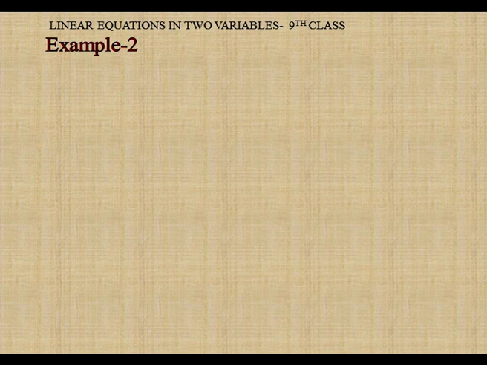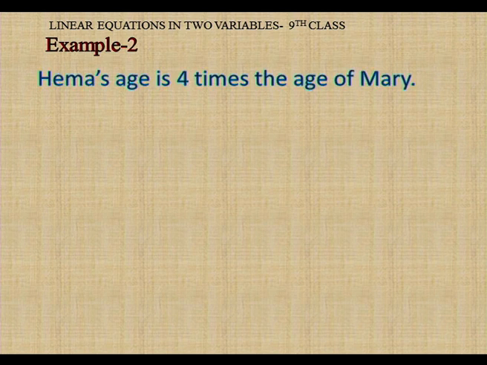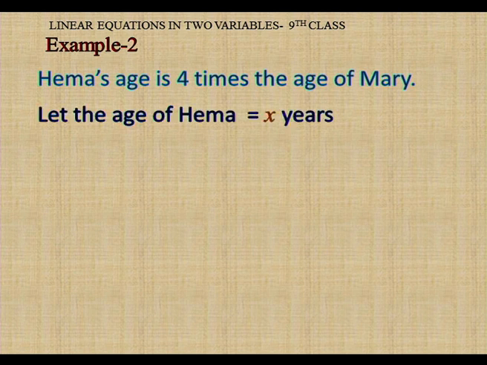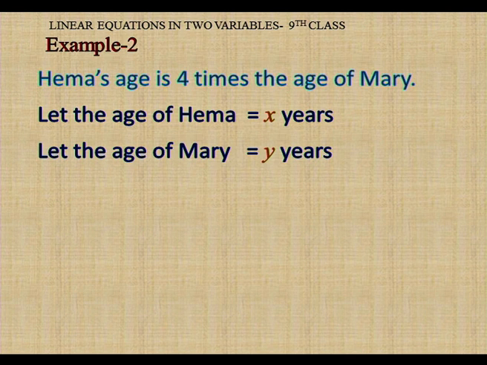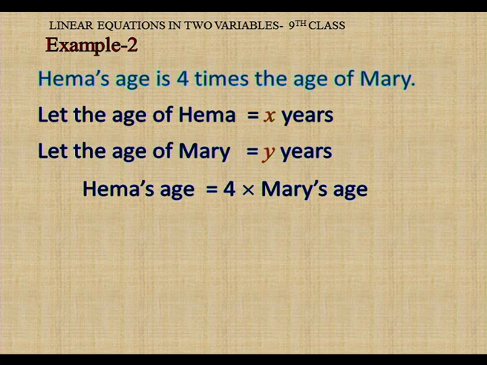So, now we will have one more example. Hema's age is 4 times the age of Mary. When you say times, it means it is always a multiplication. Let the age of Hema be x years, and the age of Mary be y years. So, we have a condition: Hema's age is equal to 4 times Mary's age, means Hema's age is equal to 4 into the age of Mary.